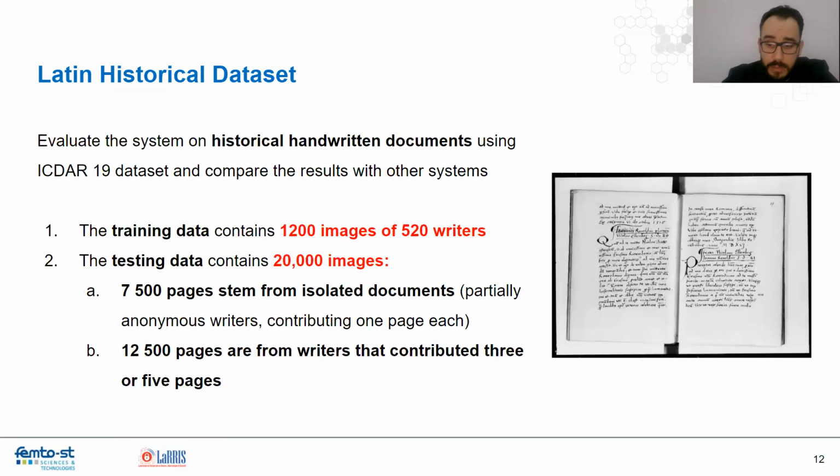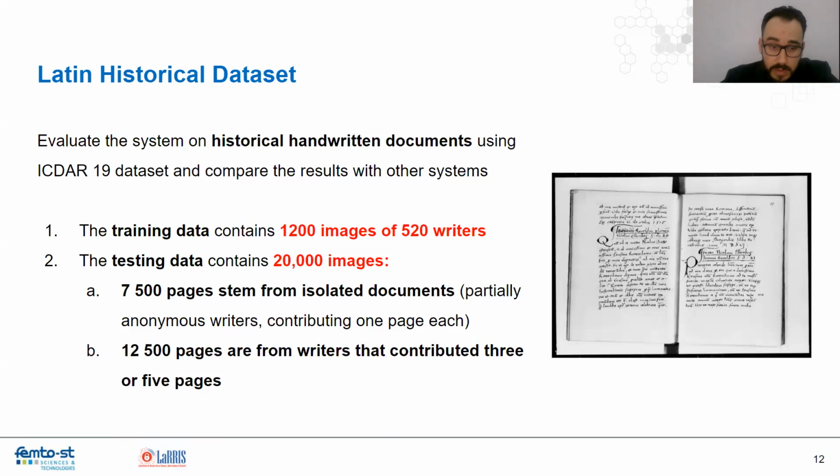And to evaluate our system, we choose a latent historical dataset. We choose the ICDAR 2019 dataset, and we compare the result with other systems. In this dataset, we have for the training data 1,200 images from 520 writers, and for testing data we have 20,000 images.